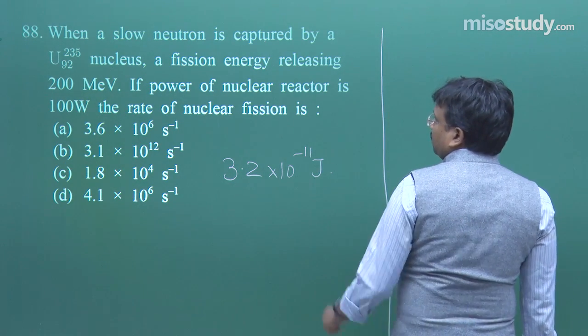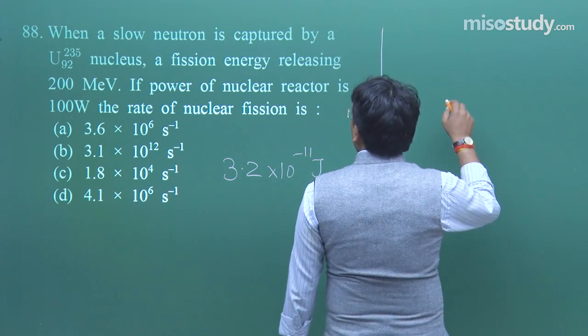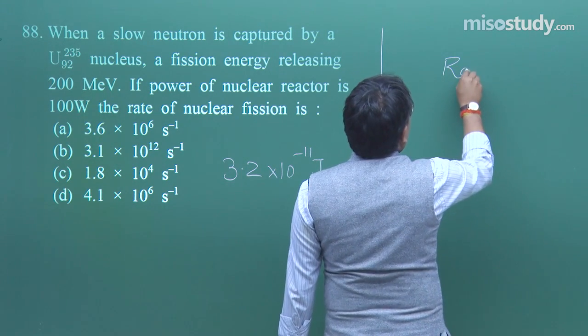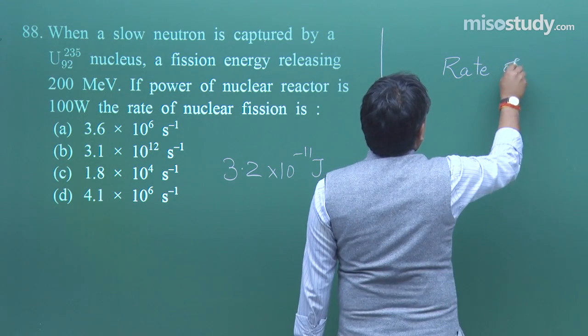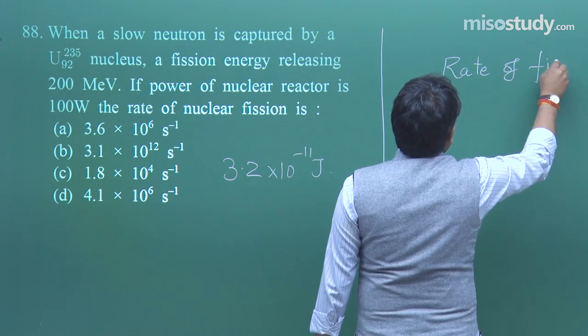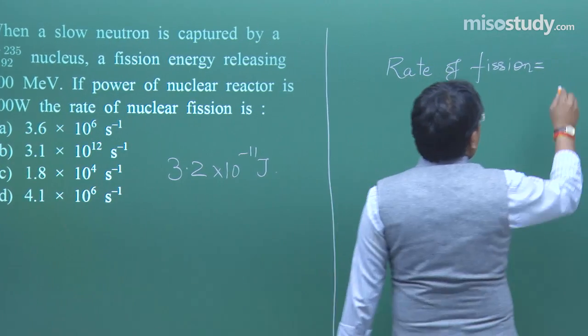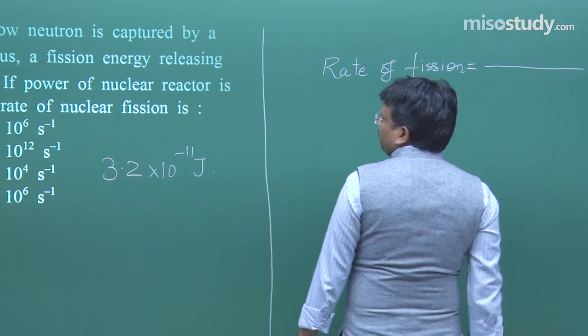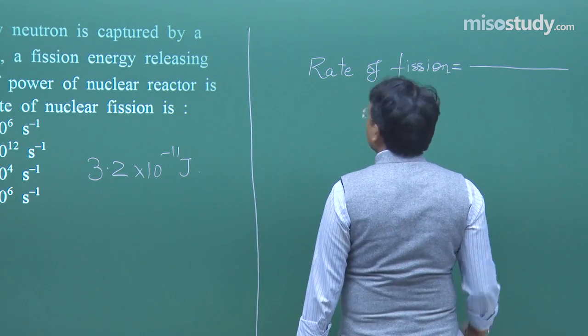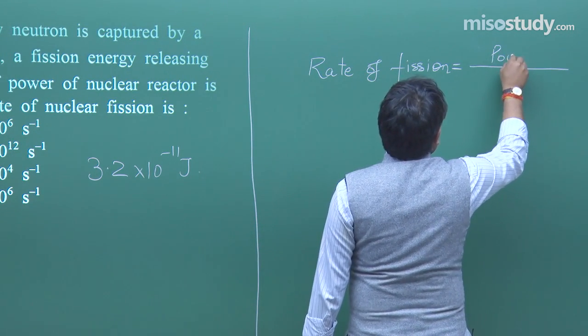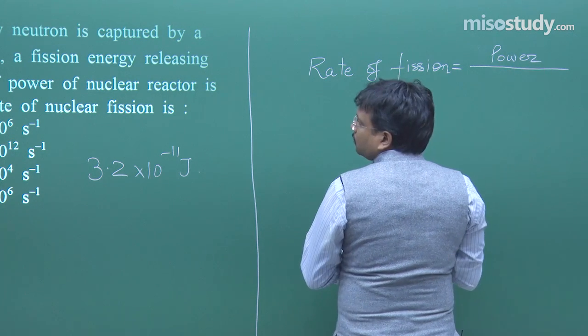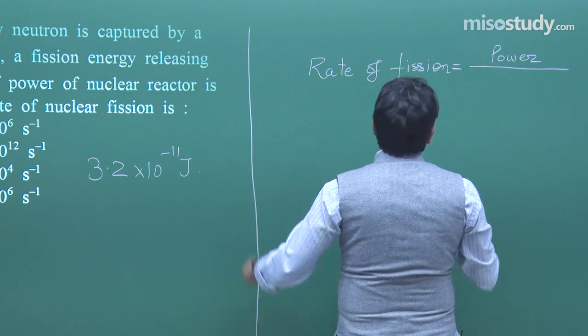After that, rate of fission is equal to power upon energy of each fission.